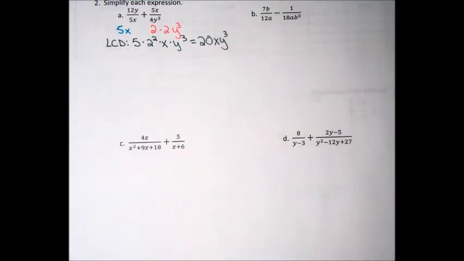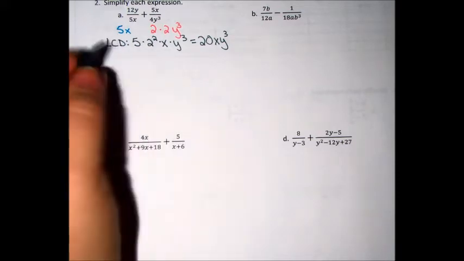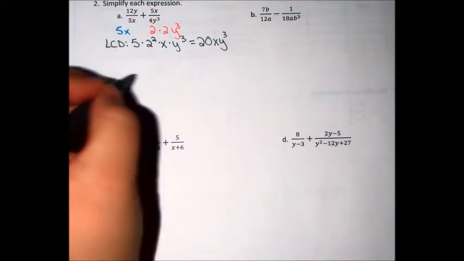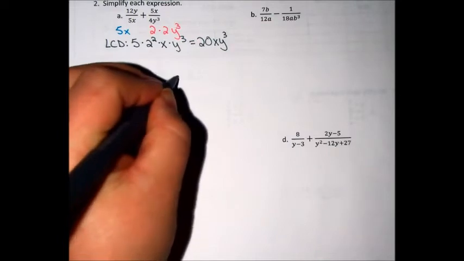But I really recommend that you leave it all separated out until we're finished. So when we go to set this up, we are going to have a denominator of 20xy cubed for each of these.